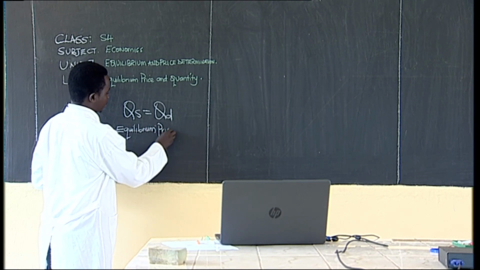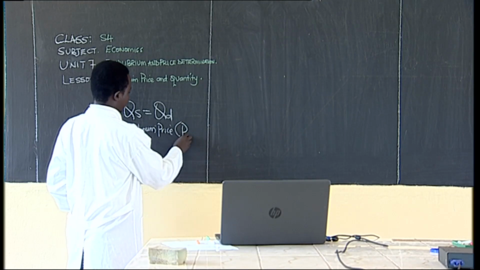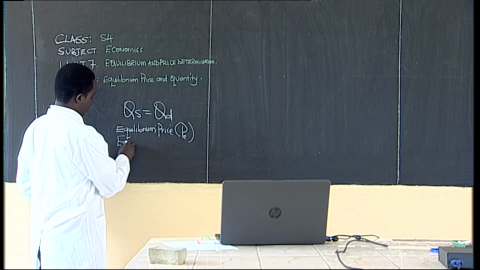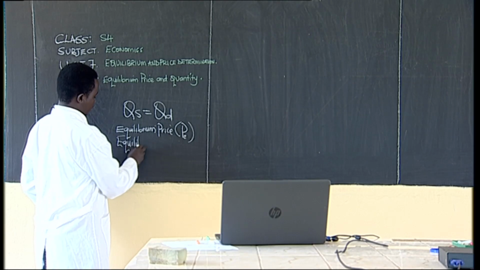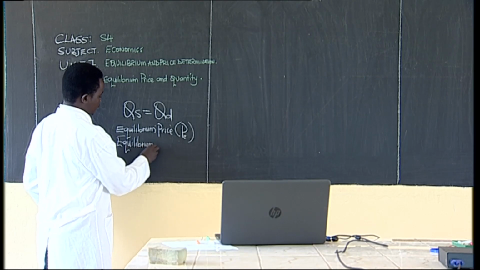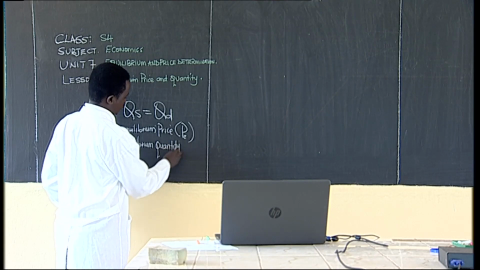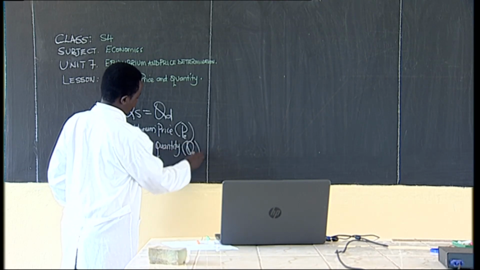We have an equilibrium price, which we can say is PE, and an equilibrium quantity, which you can say is QE.